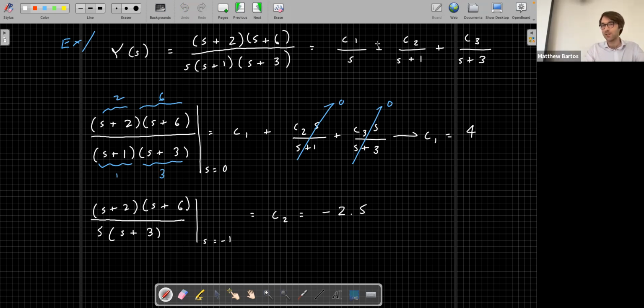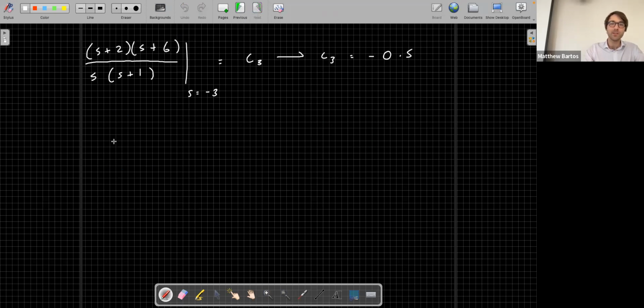So first, let's plug in these values for C1, C2, and C3. We will end up with y of s in the frequency domain equal to 4 over s, that's the first term with C1, minus 2.5 over s plus 1, minus 0.5 over s plus 3.